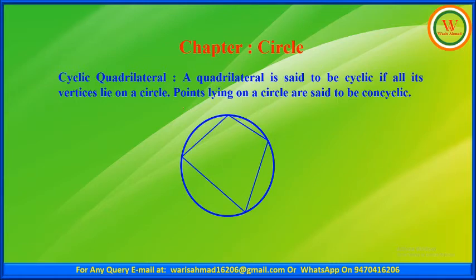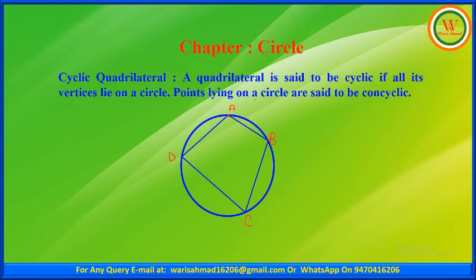Suppose this is vertex A of the quadrilateral, this is vertex B, this is vertex C of the same quadrilateral, and this is vertex D. All the 4 vertices of this quadrilateral touch the circle. Hence, this type of quadrilateral is said to be a cyclic quadrilateral.